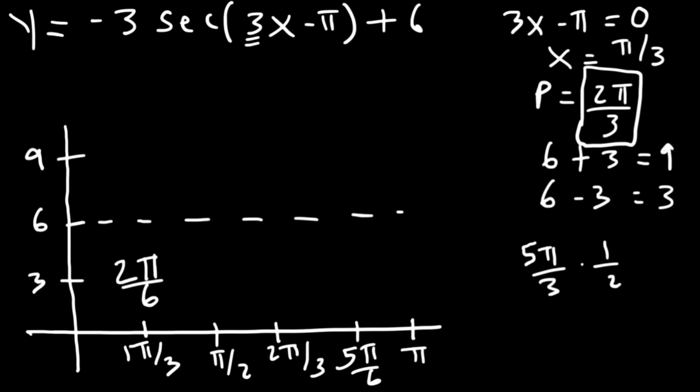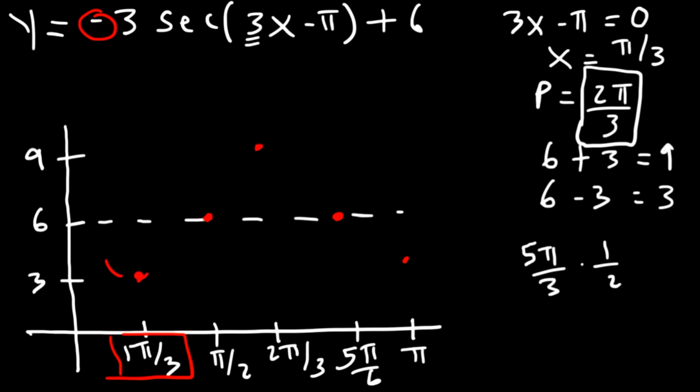So now let's go ahead and graph it, since we have everything that we need at this point. So keep in mind, we're graphing negative secant, which is associated with negative cosine. So we need to start with the phase shift, which is pi over 3. And negative cosine starts at the bottom. The bottom is going to be 3, and then it's going to go up to the middle, then to the top, and then back to the middle at 5 pi over 6, and then back to the bottom.